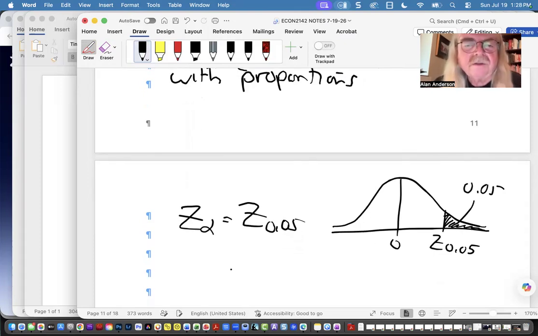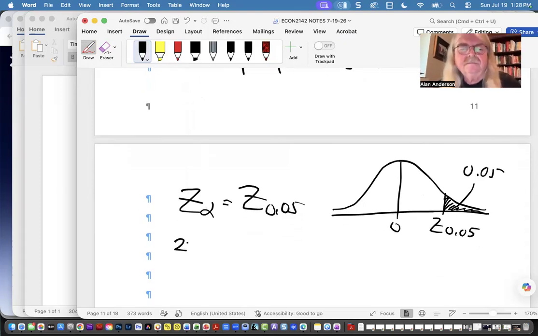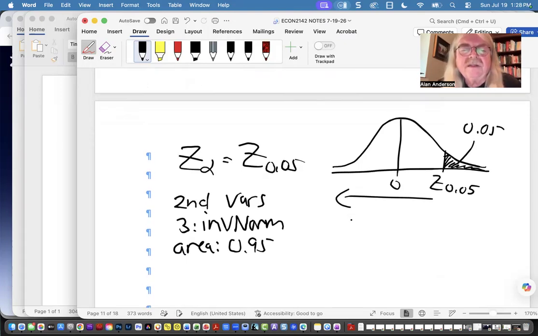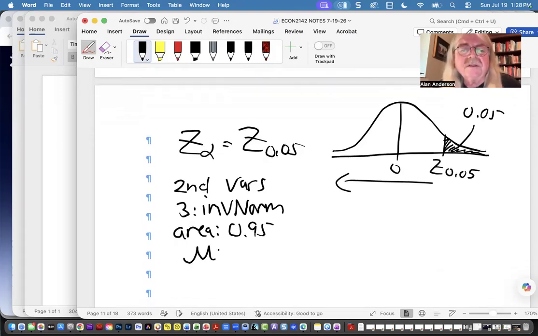All right, so we'll go to the calculator. And this time we'll look for number 3, INV norm, and it will want to know area, of course. And of course, it also means left tail area. And then, of course, the mean and standard deviation, but those are understood to be 0 and 1 because this is the standard normal.